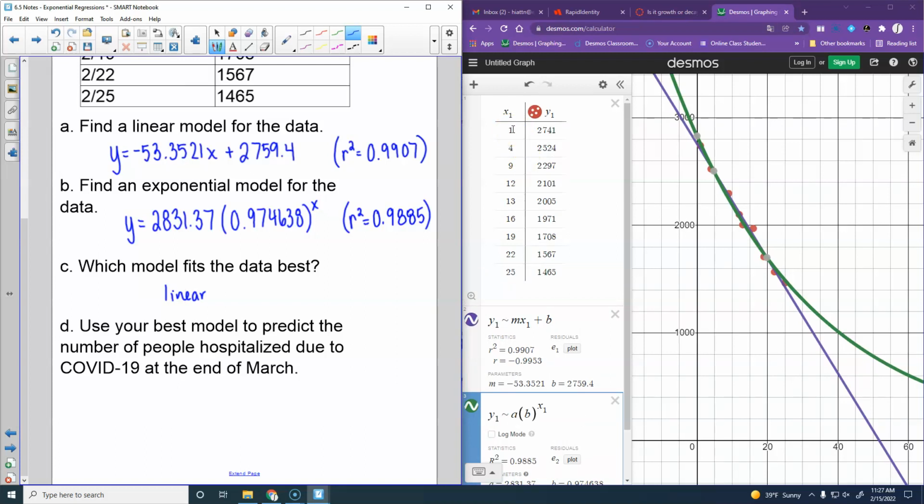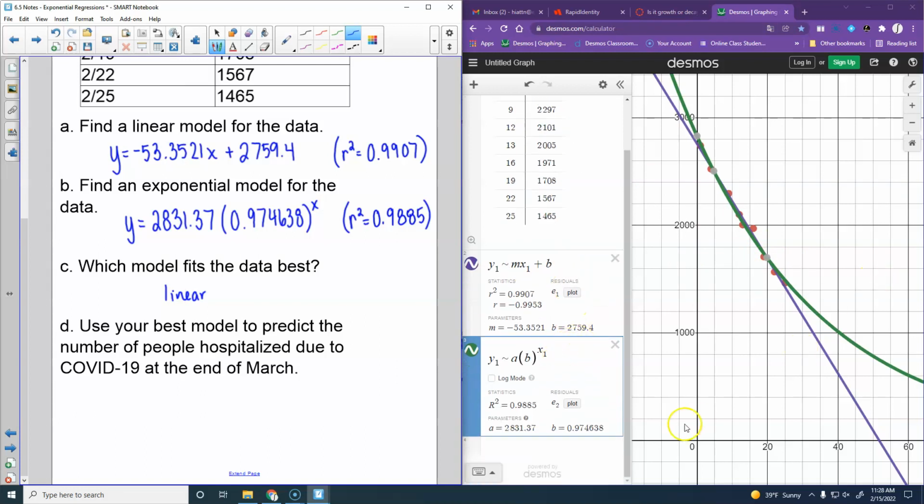No, leap year, so 29, right? So 28 plus 31 in March, we're going to get 51 days, right? No, 59 days. So I want to know what's going to happen if I plug in 59, right?